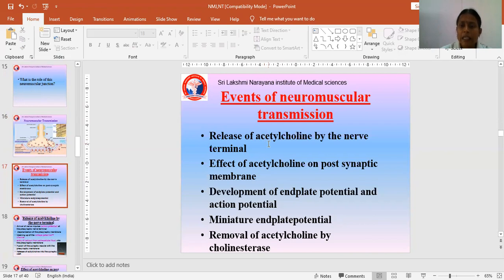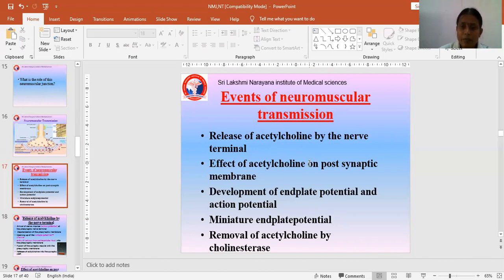First step is release of acetylcholine by the nerve terminal, second, the effect of acetylcholine on the postsynaptic membrane, third, the development of end plate potential and action potential, and fourth, removal of the acetylcholine by the cholinesterase. The miniature end plate potential is separate.